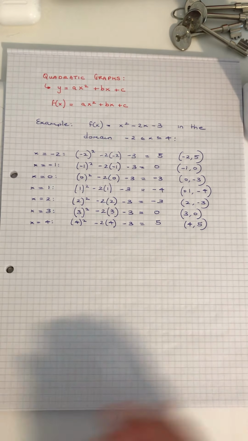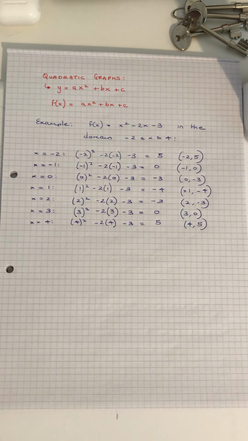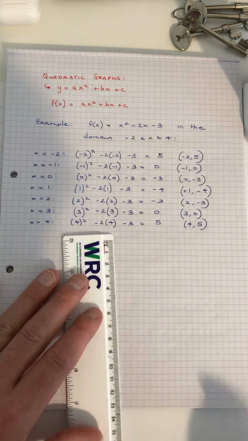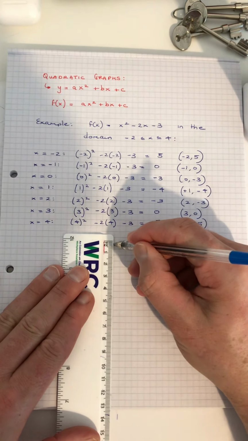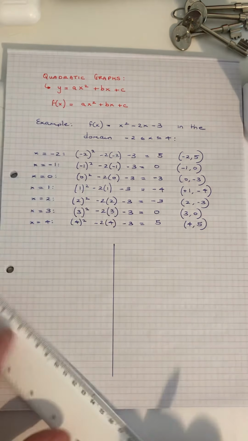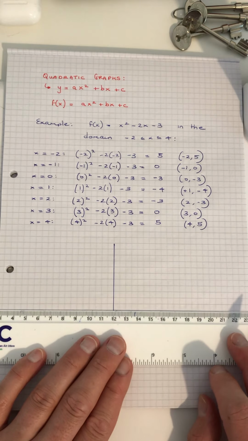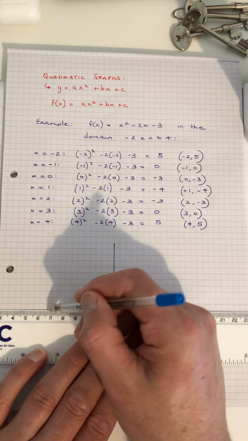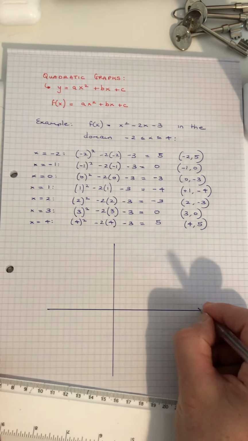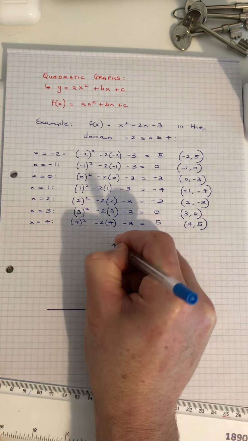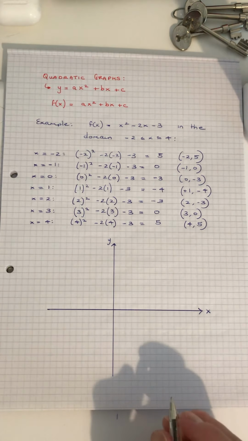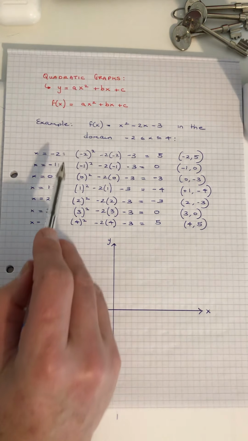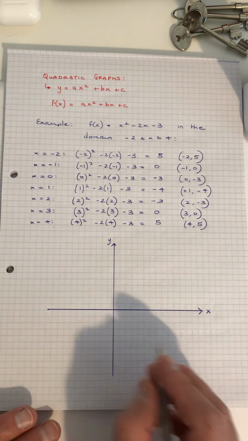But now you have to draw your graph. And this time the graph is going to look slightly different than before. So give yourself loads of room in the middle of your page, right, until you get the hang of these. And space them out as neatly as you can. So the x-axis, the y-axis don't change. So on the x-axis I need to go from minus 2 to 4.